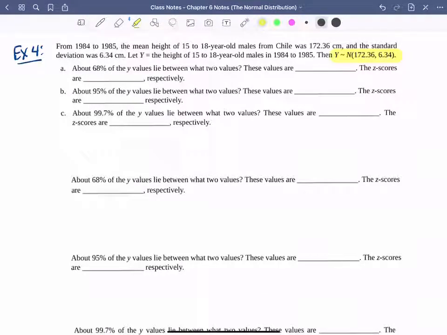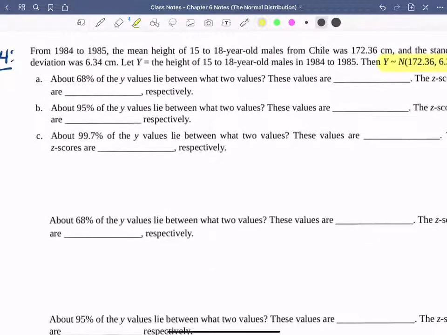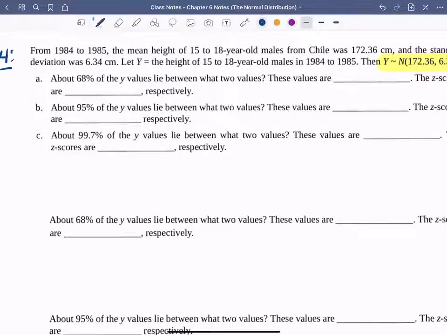Okay, so it says about 68% of the y values lie between what two values? So think about our empirical rule. Where does 68% of these lie? They lie within one standard deviation away from the mean. So how do we do this? Well, first off, for A, our standard deviation, remember, is still 6.34. That does not change.